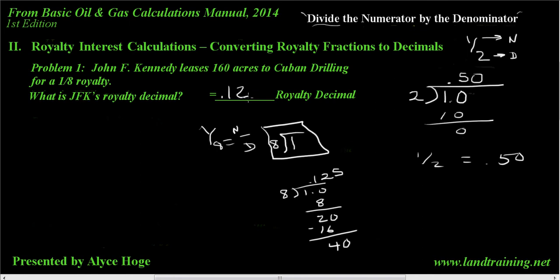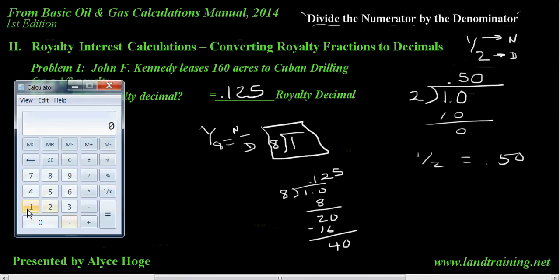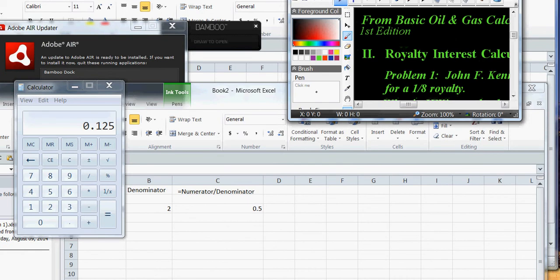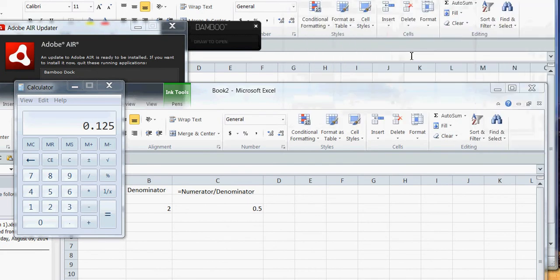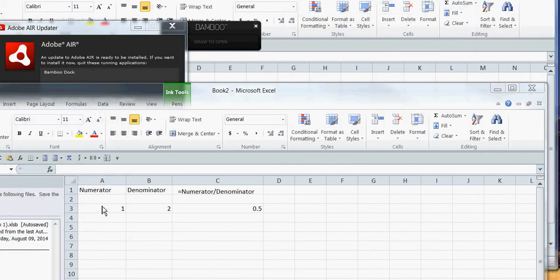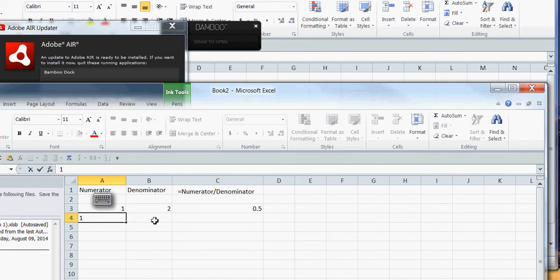So put 125 here. We can check it with a calculator if we want. 1 divided by 8. Or we can use our discipline and we can go to an Excel spreadsheet. And we would put in the numerator a 1, in the denominator an 8.